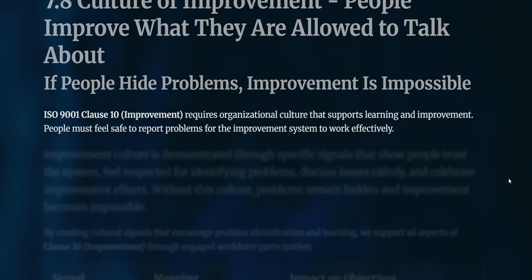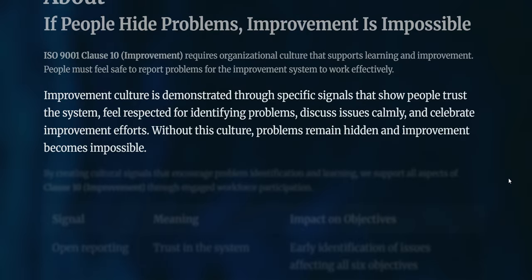ISO 9001 Clause 10 improvement requires an organizational culture that supports learning and improvement. People must feel safe to report problems for improvement systems to work effectively. Improvement culture is demonstrated through specific signals that show people trust the system, feel respected for identifying problems, discuss issues calmly, and celebrate improvement efforts.